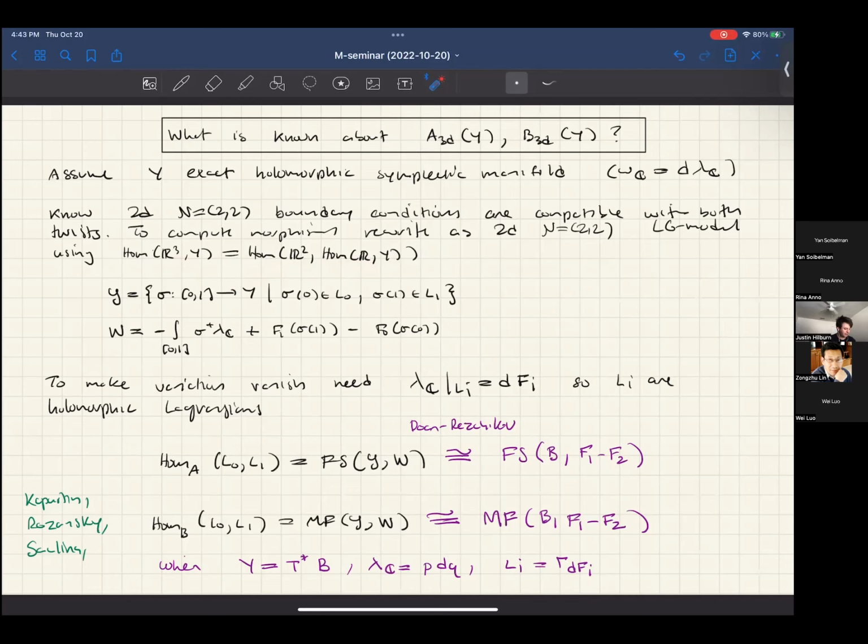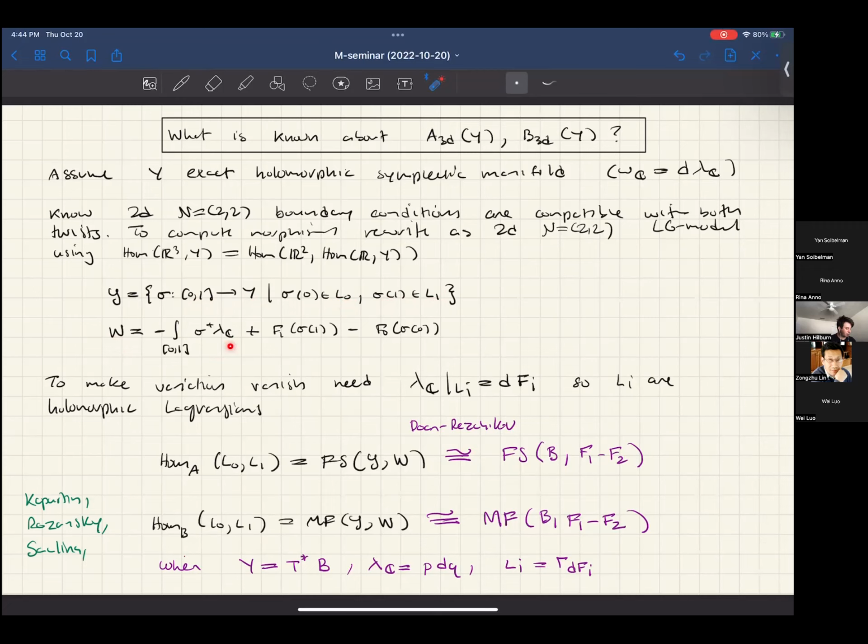And when you do this, you end up getting some sort of infinite dimensional target, which is some space of maps from the interval into my holomorphic symplectic manifold. And then they have to have some kind of boundary conditions, and we'll be able to figure out in a minute what sort of properties these boundary conditions have to have. And then there's a superpotential on this space, which is basically a holomorphic version of the symplectic action.